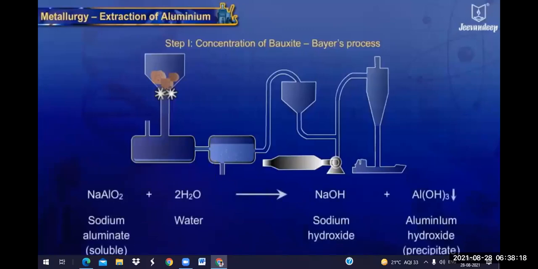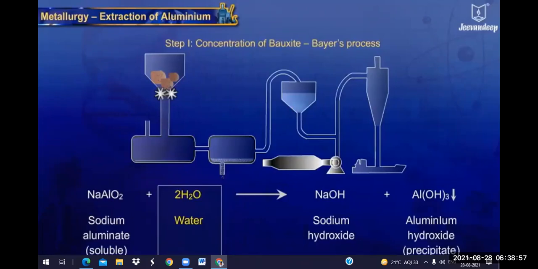This process dissolves silica, that is SiO2, and alumina in aqueous sodium hydroxide, leaving behind undissolved iron oxide, that is Fe2O3, which can be separated by filtration. The filtrate containing sodium aluminate and silicate is diluted with water and then cooled to 50 degrees centigrade.